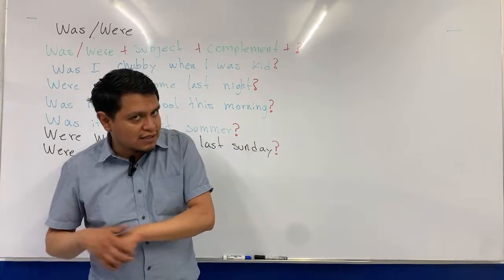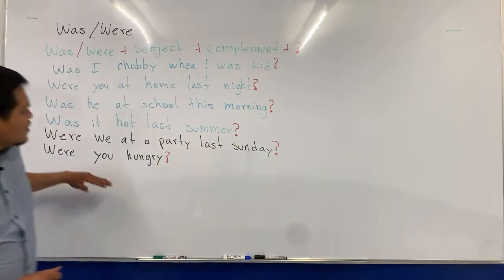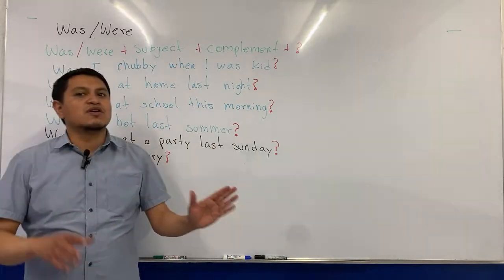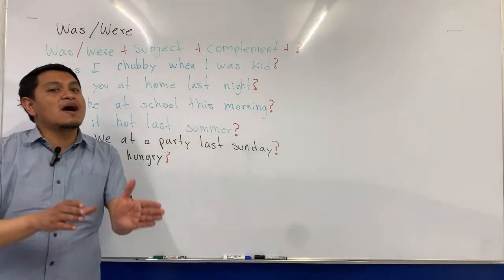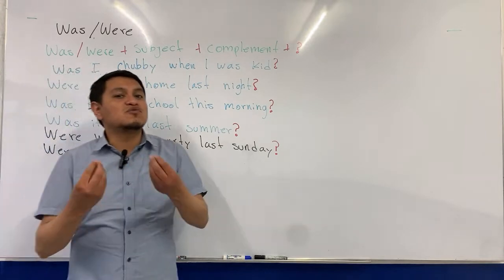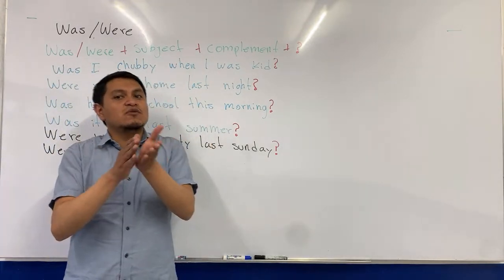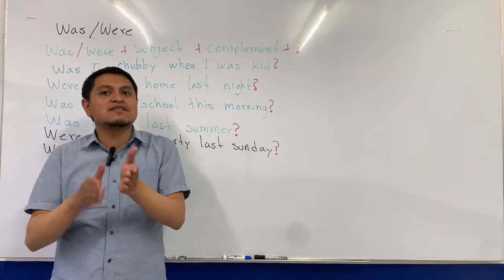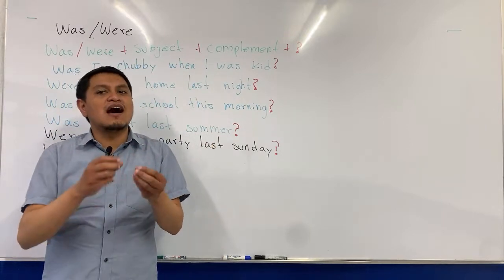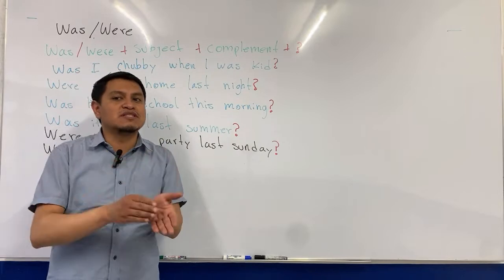Regresamos al inglés. Check. Notice in these questions, we don't use was and were to describe action in the past, right? We use it to express the same concepts as the verb to be in the present simple, right?